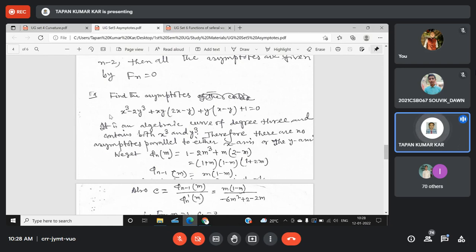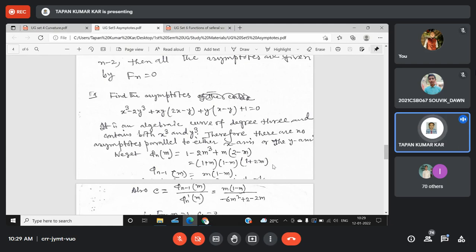If you set x equal to 1 and y equal to m, you will get phi 3m equal to, for x equal to 1, x cube that is 1, minus 2m cube, and the third term, m into 2 minus m. If you factorize it, 1 plus m, 1 minus m, 1 plus 2m.